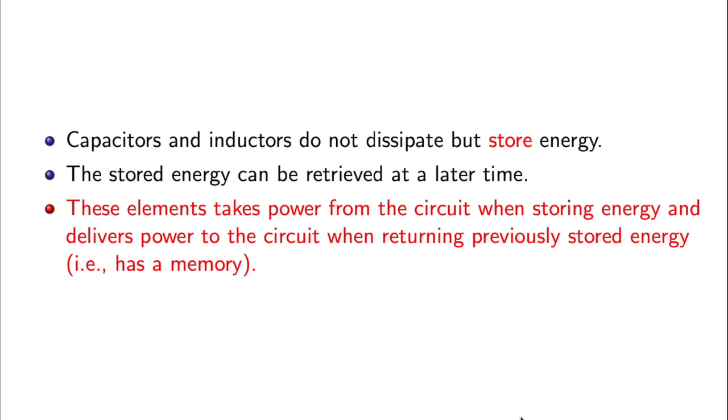Now the interesting aspect is that these elements take power from the circuit when storing the energy, and deliver power to the circuit when returning the previously stored energy. So this storage of energy is acting as a memory.